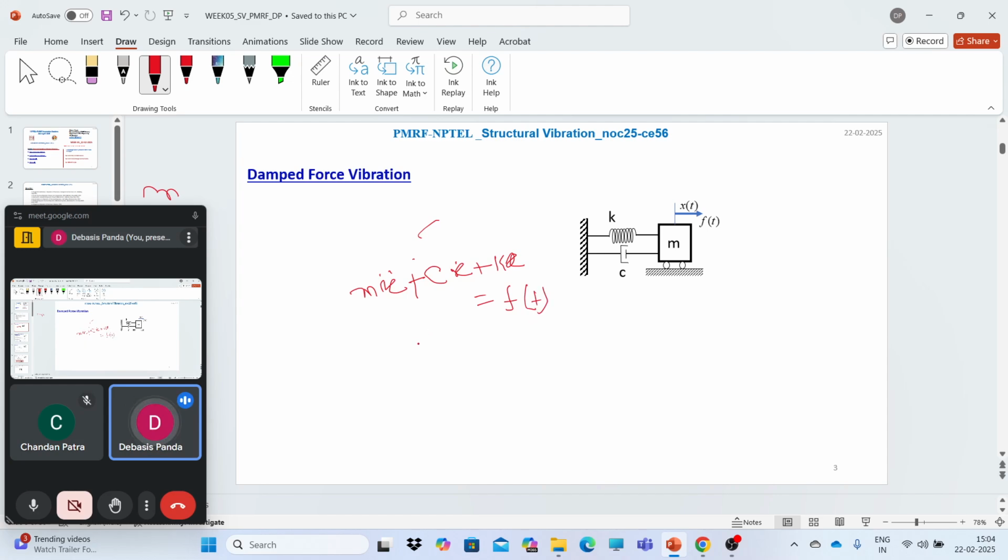And then we have solved mathematically for the responses at different time steps, like x of t, how we can get the x of t and different responses at different times.